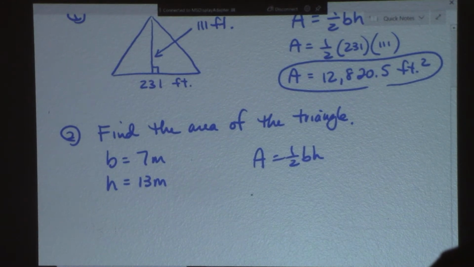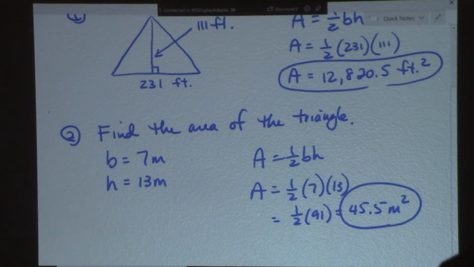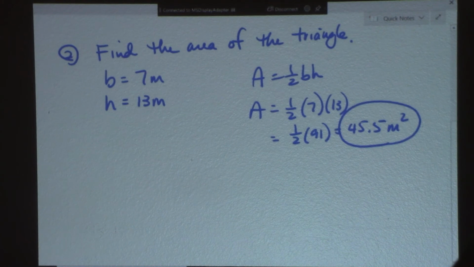So I would do 1/2 times the base, which is 7, and the height, which is 13. 7 times 13 is 91. And when I take half of that, I get 45.5 meters squared. That's my answer.